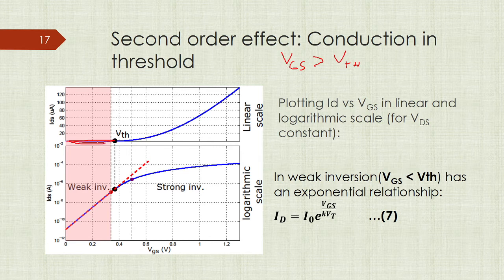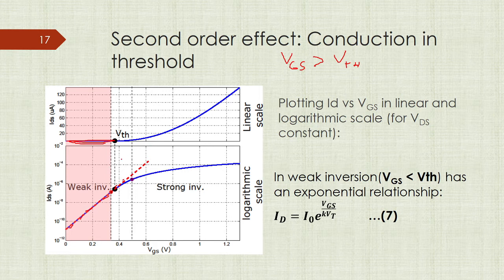What in fact happens is that we still generate charge and surface potential for values smaller than VTH, and if instead of a linear scale we plot a logarithmic scale, we will observe an exponential relationship in the weak inversion region.